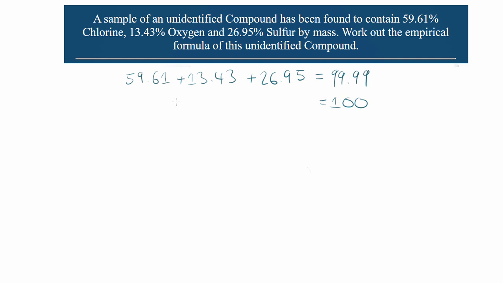Now, what does the assumption enable us to do? Chlorine is 59.61, so because of that assumption, we can say this is 59.61 grams. Oxygen is 13.43 grams, and sulfur is 26.95 grams.